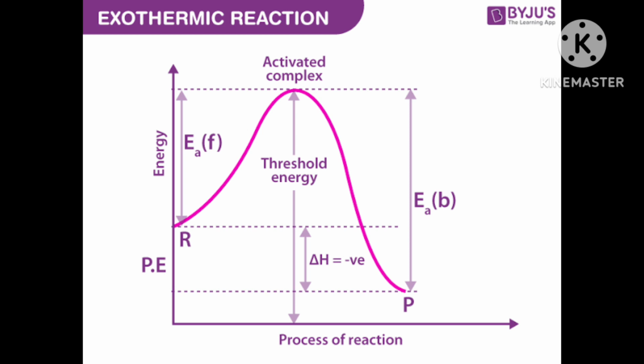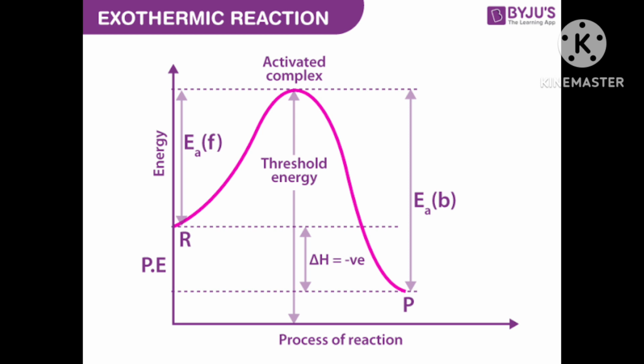Then increasing the temperature or decreasing the activation energy will result in an increase in the rate of the reaction and an increase in the rate constant. Okay, obviously the rate constant will increase.